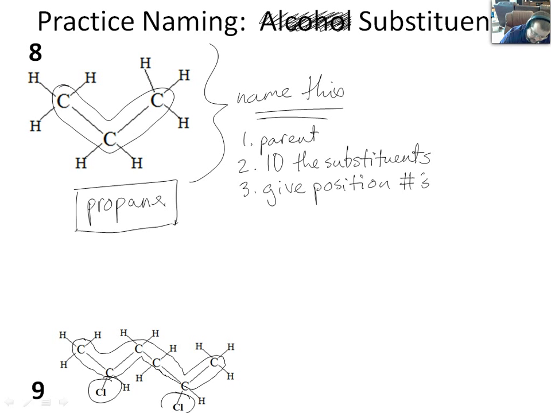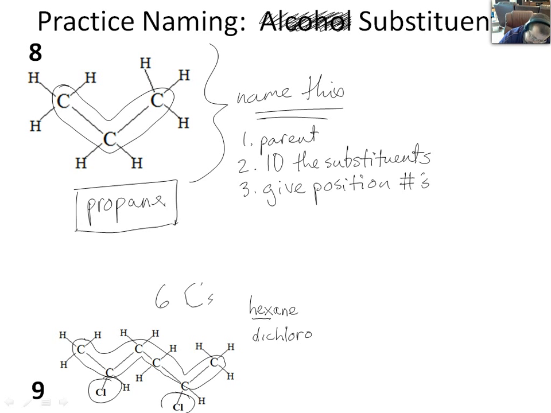I've got 1, 2, 3, 4, 5, 6 carbons in my chain, and because it's 6 carbons, we would call this hexane, because hex is the prefix for 6. And I've got 2 chloro groups, so I would say dichloro, because of the 2 chloro groups.